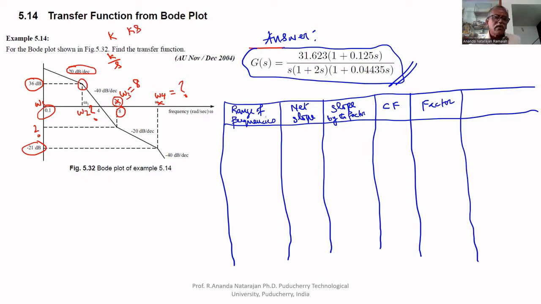Here, in the frequency range from omega 1 to omega 2, the net slope is minus 20 dB per decade. The slope by the factor is also minus 20. No corner frequency, initially there is a slope. That's why it is K by S.